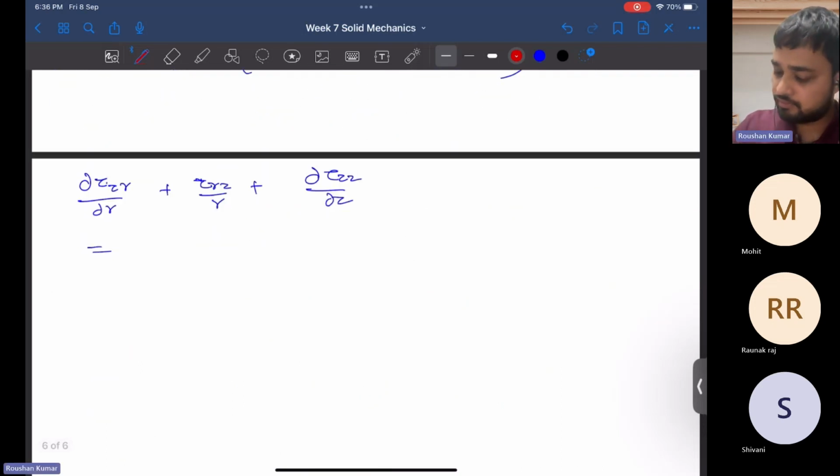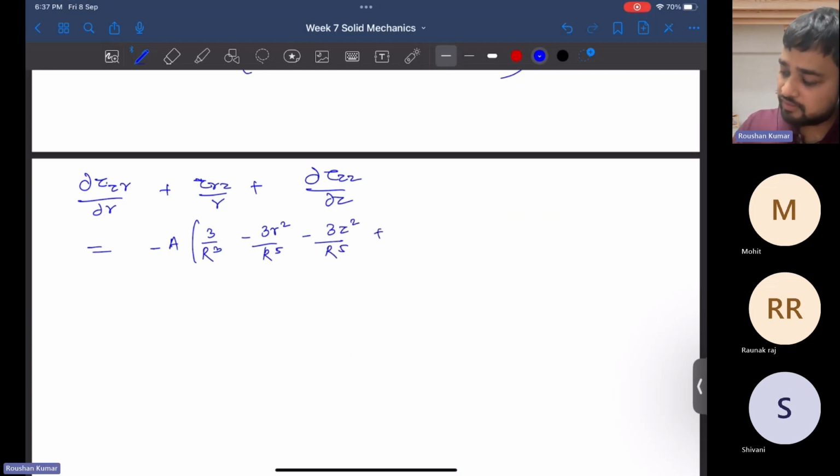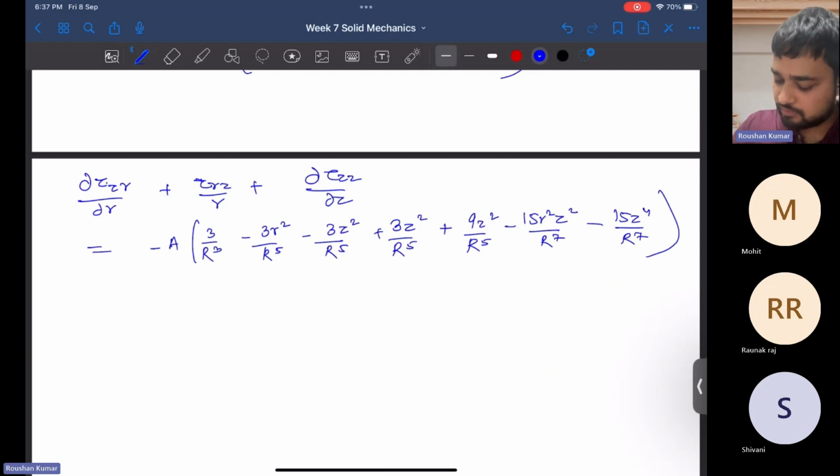So the final expression will become minus A times 3 by R cube minus 3r square upon R to the power 5 minus 3z square upon R to the power 5 plus 3z square upon R to the power 5 plus 9z square upon R to the power 5 minus 15r square z square upon R to the power 7 minus 15z to the power 4 upon R to the power 7.